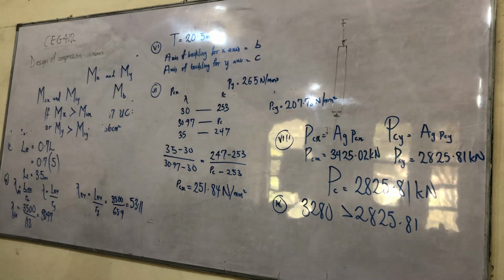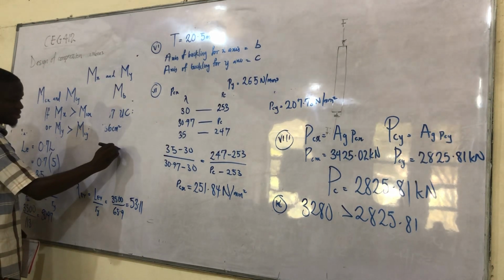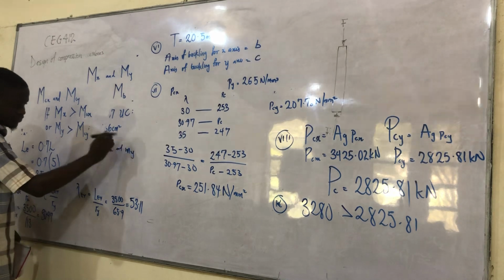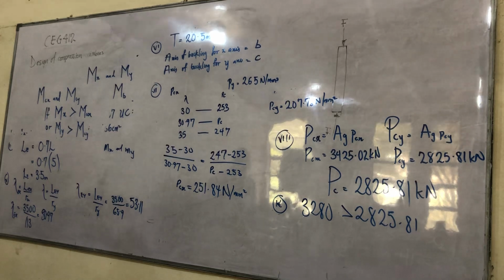When we get there, you see, that is mx, small letter mx, and small letter my, using table 26. Let me come again. Determine equivalent uniform moment factors for flexural buckling, Mx and my, using table 26.